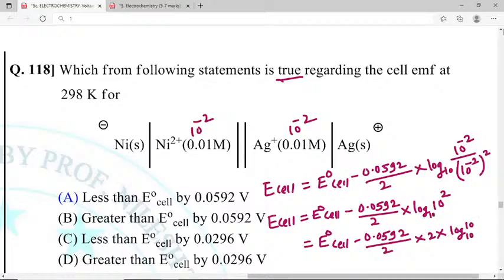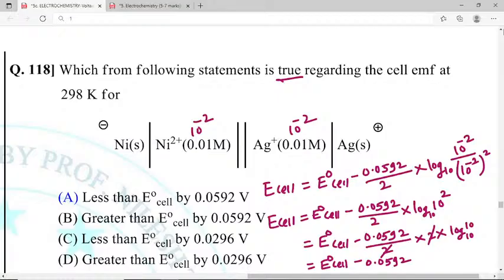So log 10 to the base 10 value is how much? 1. So that's E naught cell minus, the 2 and 2 get cancelled, 0.0592 on log 10 value 1.